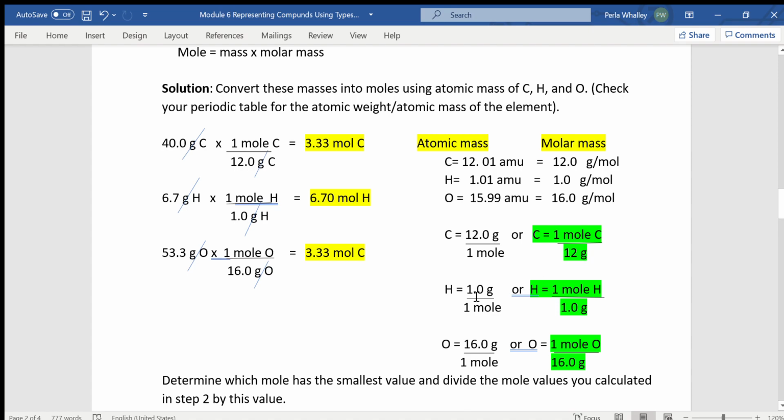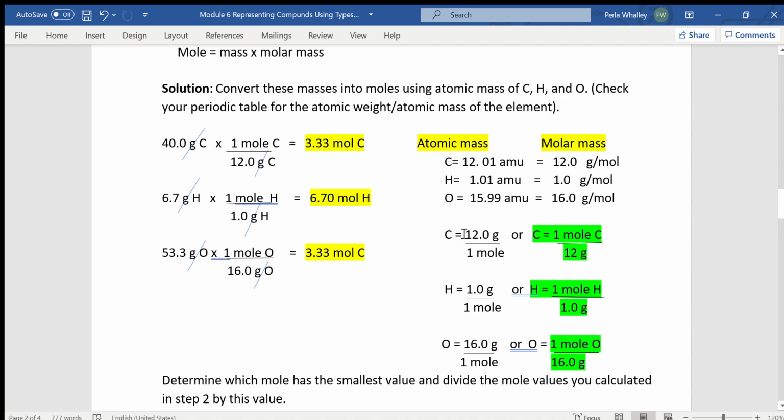The same with hydrogen. In 1 mole of hydrogen, there is 1.0 gram. It's the same with oxygen.